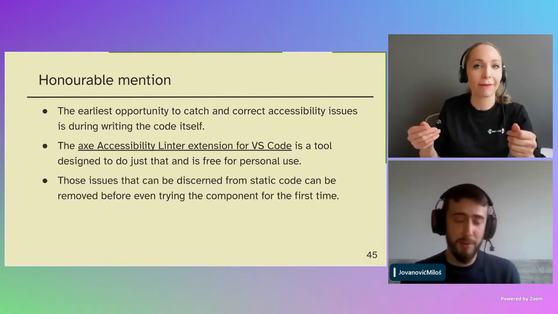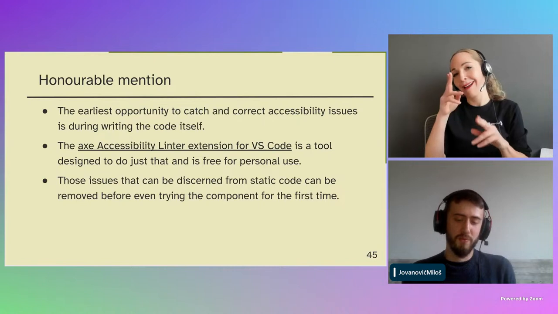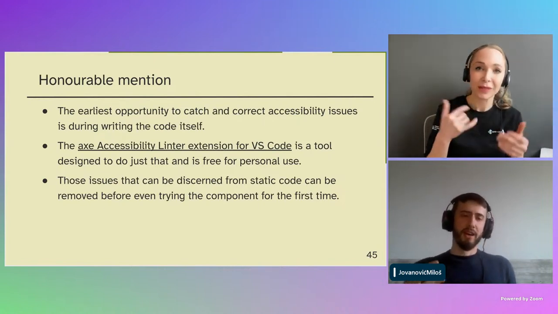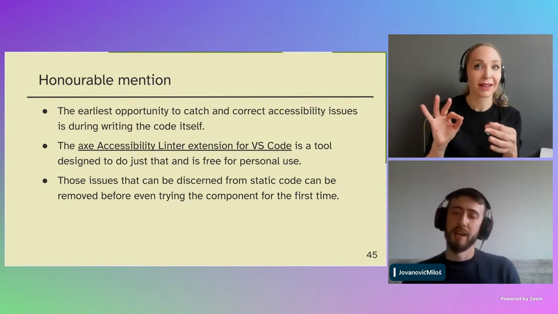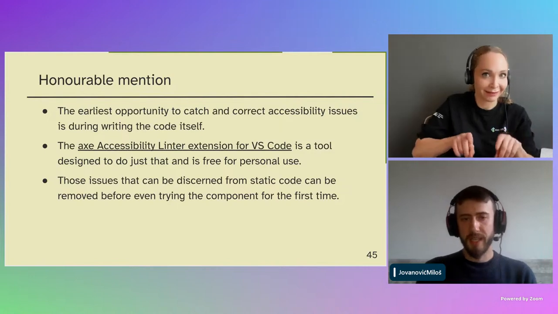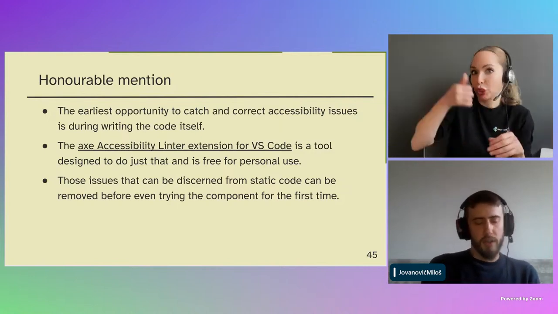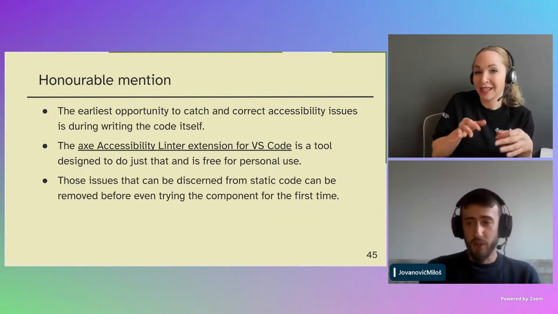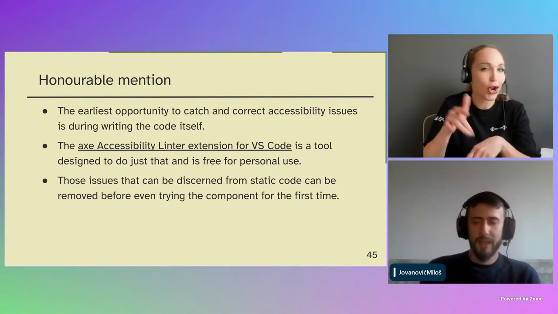There is an honorable mention here. Since we are talking about shifting left and moving test reports as soon as possible in your development process, the earliest possible point is the X accessibility linter developed by DQ as well.